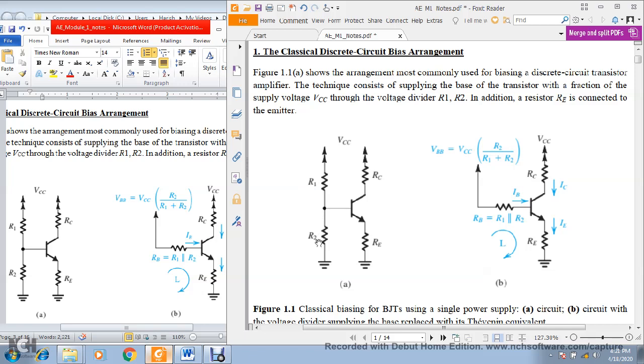R1, R2 are the elements of the voltage divider, and if you write the equivalent circuit, you get VBB, the Thevenin's voltage, and Thevenin's resistance, where VBB is equal to VCC times R2 divided by the total resistance R1 plus R2, and RB is R1 parallel to R2. You can also see the various current components of a transistor.